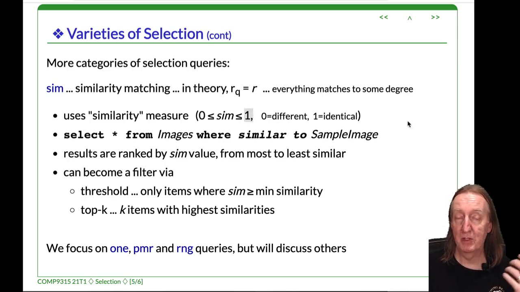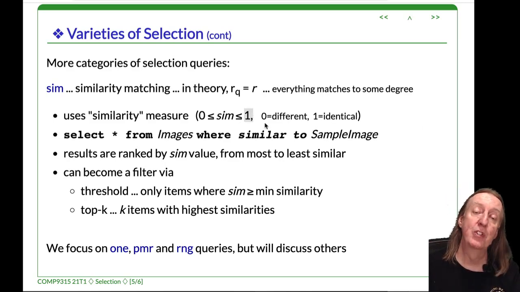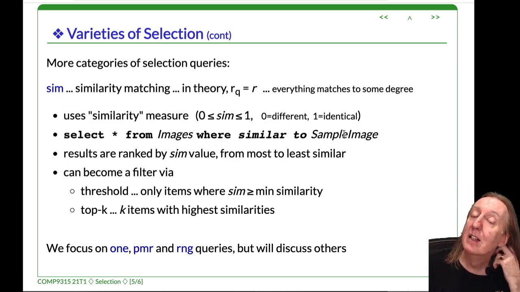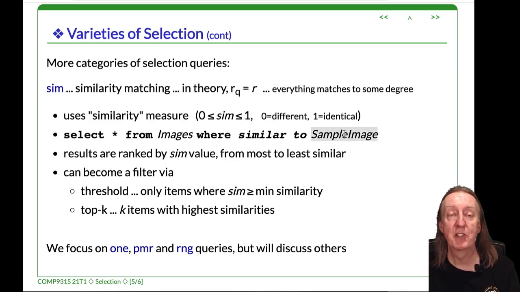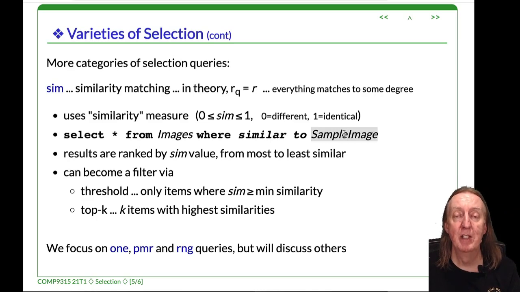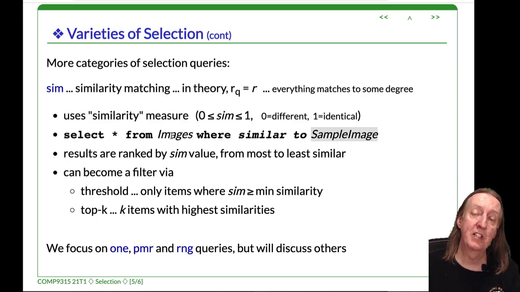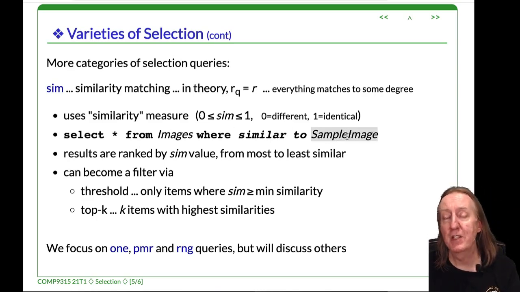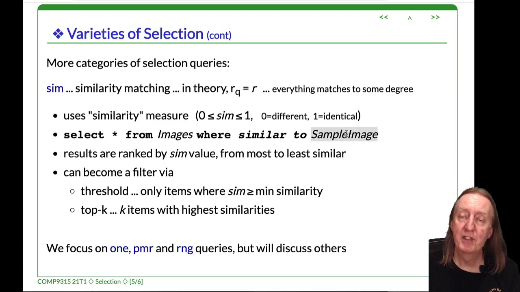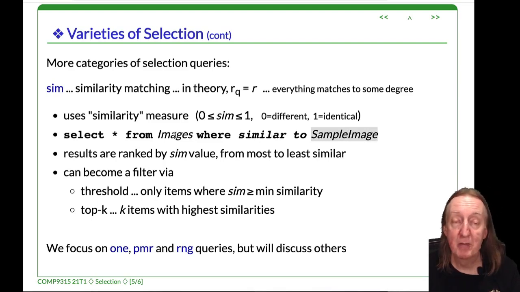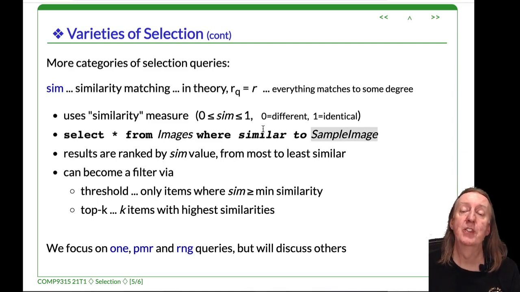So the kind of places where this is used is matching multimedia. You can feed in a sample image and find images that are similar to that. So if you feed in a picture of a sunset, then it will hopefully find images that also have sunsets in them.